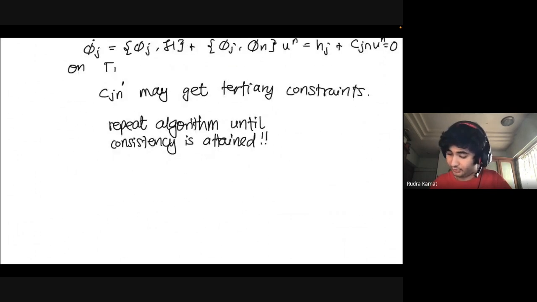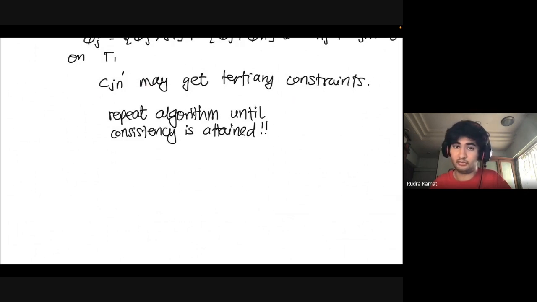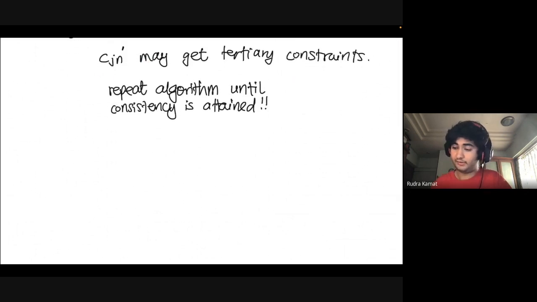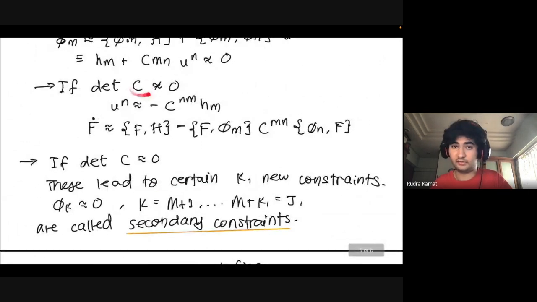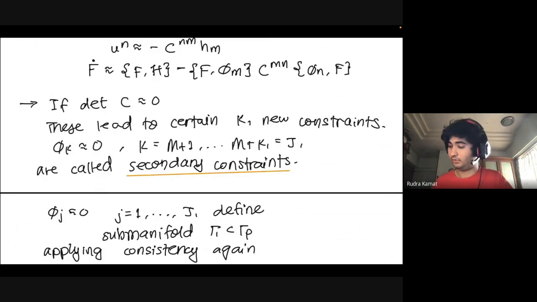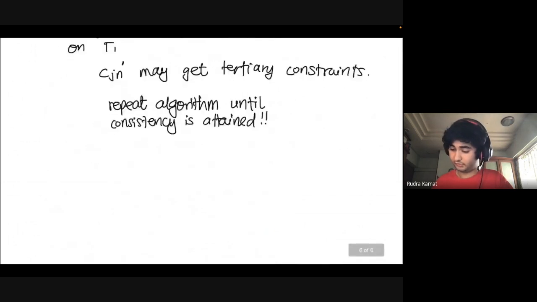We may get tertiary constraints depending upon the invertibility and the corresponding determinant value. Since we call this an algorithm, it really is an algorithm: you keep repeating until consistency is attained, or you reach the condition where the determinant of c is non-zero and you can actually solve for the multipliers with the inverse.